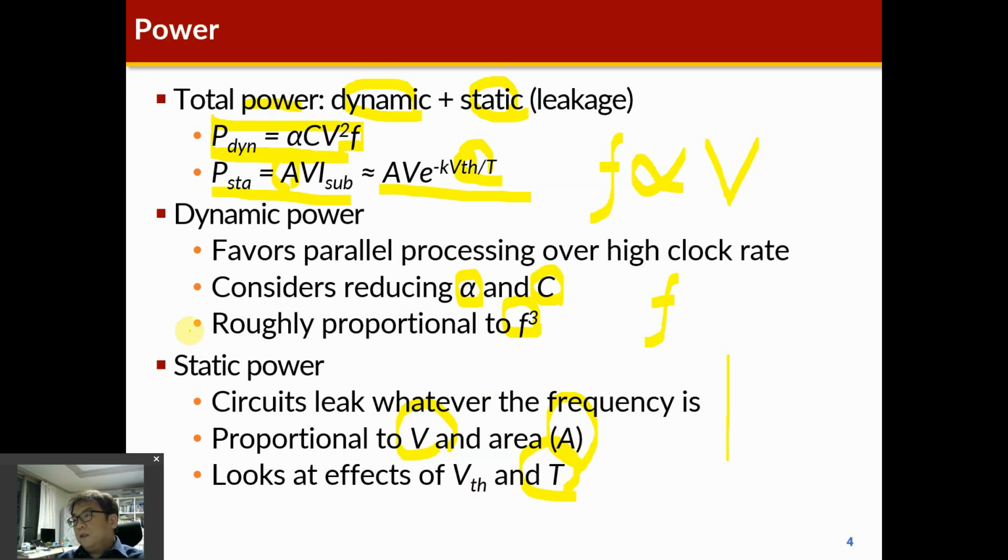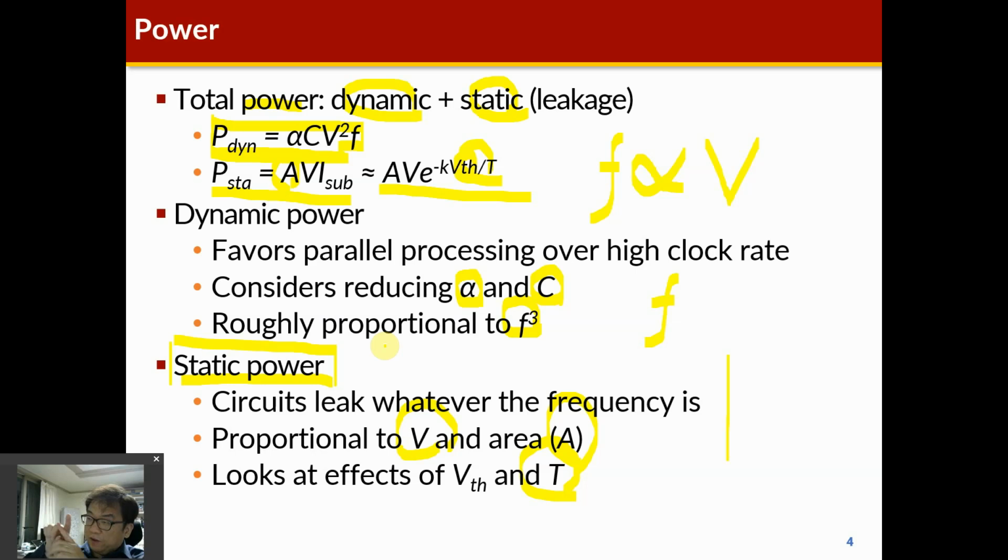So actually, in the previous decades, dynamic power was more critical in the total power, but recently static power has also become a critical power dissipation source of the CPU chip. It is because the channel length is reduced, shrunk.